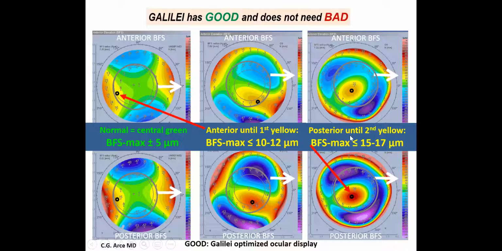Okay, so patterns and colors mean a lot in all maps of Galilei. And as I used to say, Galilei has good and does need BAD, because GOOD means Galilei optimized ocular display. It would be too pretentious to say GOD, Galilei optimized display only. So I better put a second O for good. Galilei is good, it's not bad.